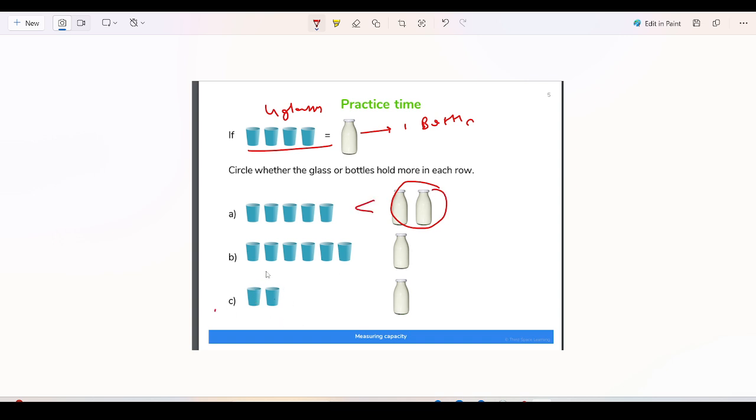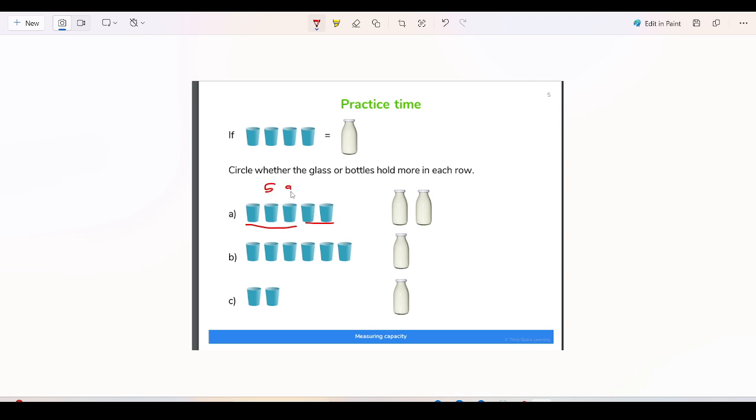Okay, that's great. What about B? Which one is more? First, tell me why it is greater than this. A has 5 glasses.